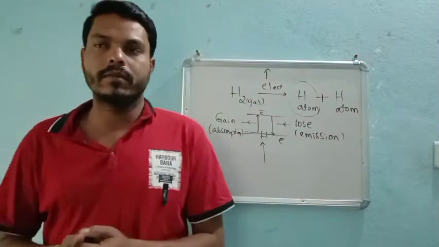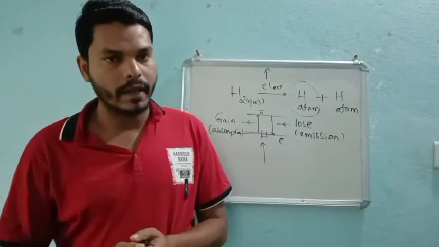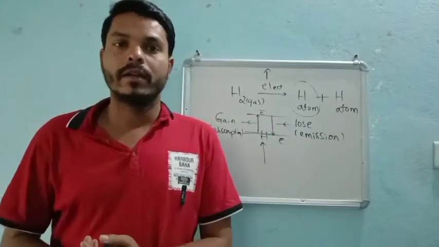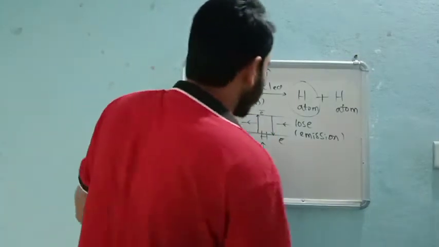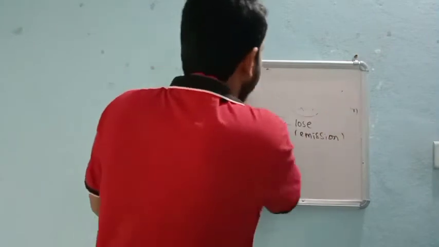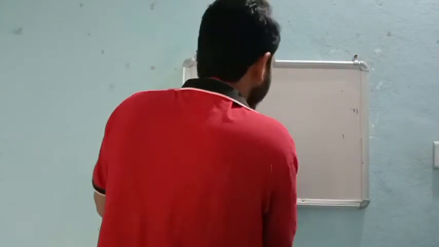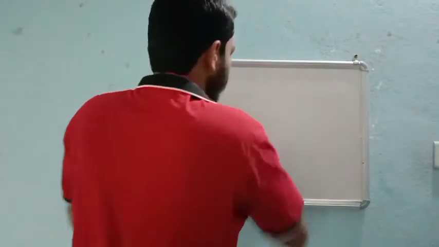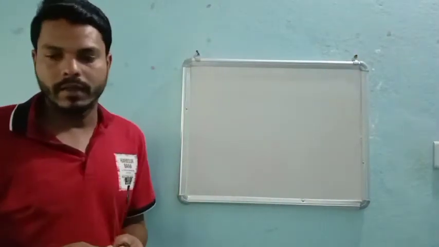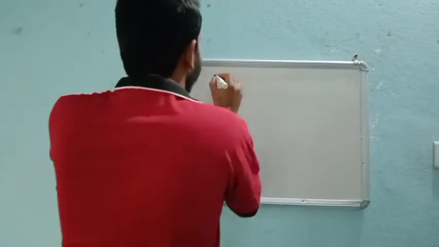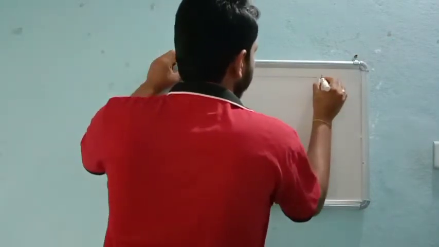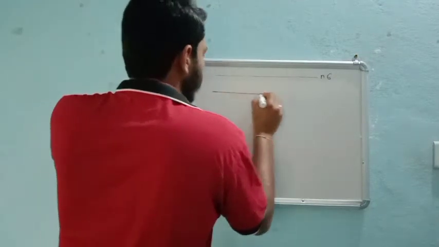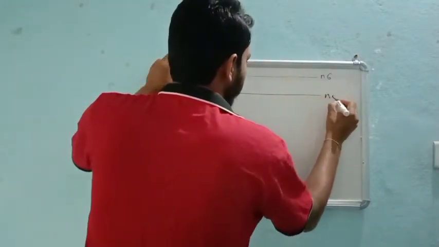Later, different scientists came into existence to explain the hydrogen spectra, and in the book you will have the diagram that I will show now. The different scientists observed different energy levels, and their explanations were also different.